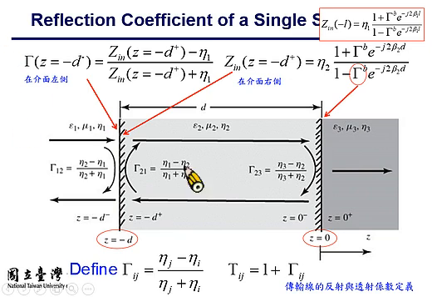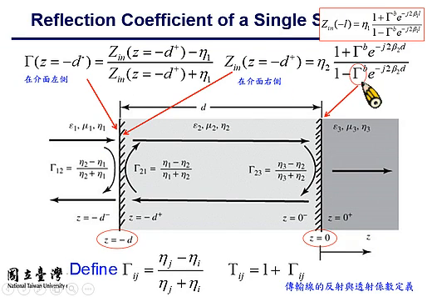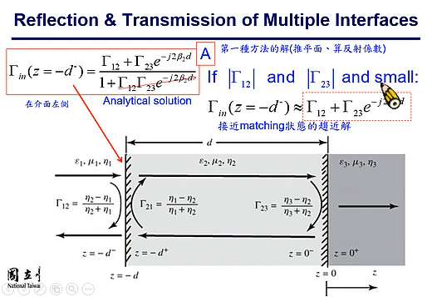But because the properties at the interfaces are known, you should be able to find the analytical solution for total transmission and total reflection. This is the analytical solution of your total reflection. The textbook does not write out the detailed derivation completely, since it is a bit complicated, so we go directly to the result. So this is the total reflection, and it can be solved analytically.